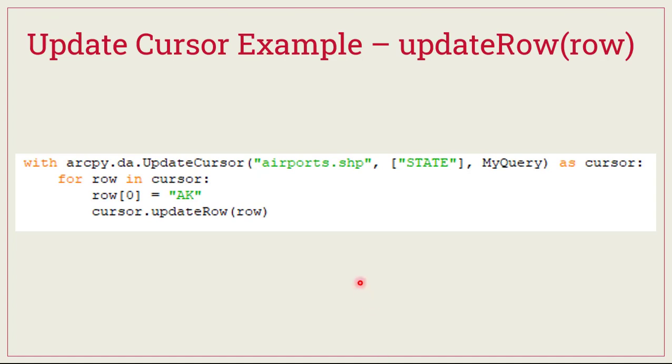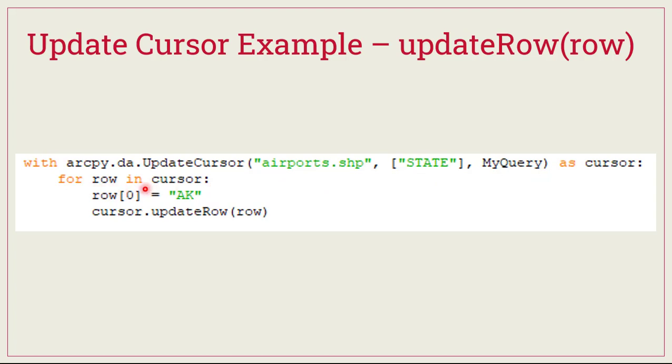Here is a short snippet of code. This short snippet of code is going to take our airports data set, put it into the update cursor. We're going to focus on a field called state, just that one, and we have a query here. So we don't see the query above, but we just get to know that there's a query out there that has selected for some subset of our data, and those limited records are going to be what gets returned to our cursor object.